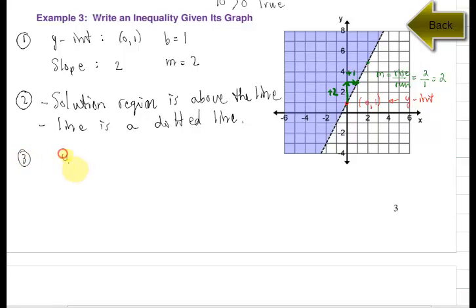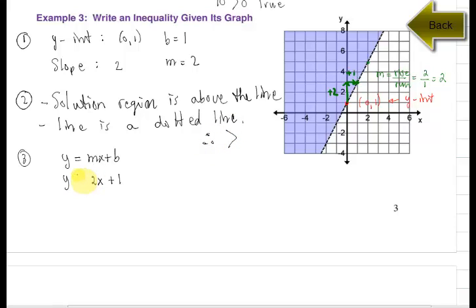I'm going to start with y equals mx plus b. Okay, I know that m is 2, so in place of m I'm going to put 2. And I know that b is 1, so I'm going to put in 1, so I get 2x plus 1. And because my solution region is above the line and the line is a dotted line, my inequality is going to be greater than.